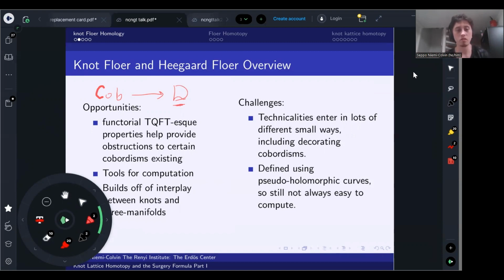And I'll note that with this setup, one way that technicalities enter the picture, and Heegaard Floer and knot Floer do have lots of technicalities that make things difficult in lots of other small ways. One way is that technically we need to decorate all of our cobordisms here. So I'm going to put a tilde to say that technically we have to have more information here.